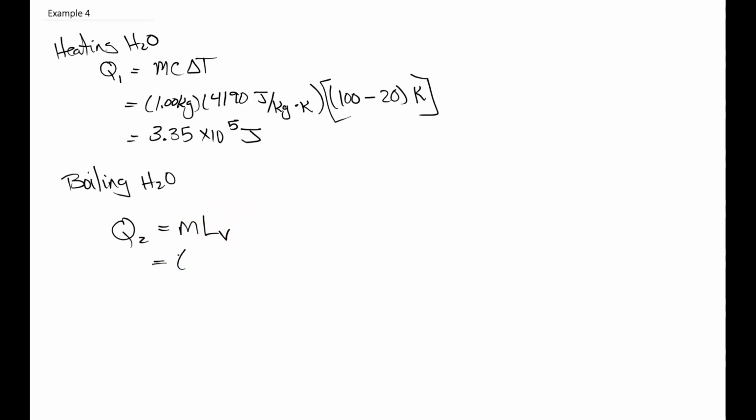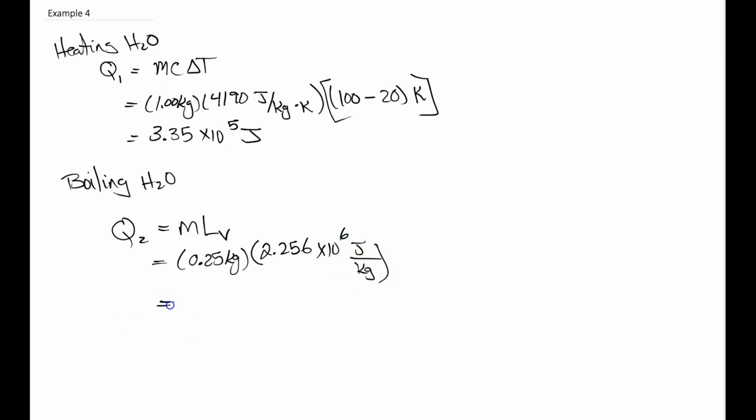So we have 0.25 of the 1 kilogram being boiled. The latent heat of vaporization for water is 2.256 times 10 to the 6th joule per kilogram.